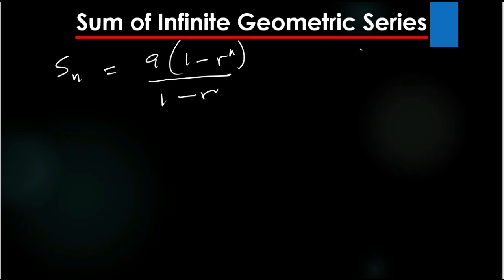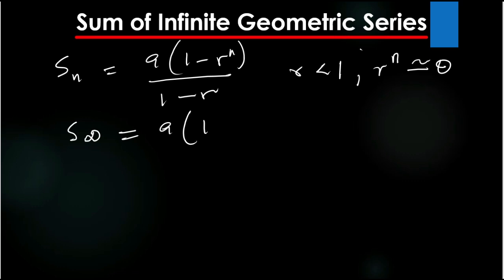We have shown that when r is less than 1, the value of r raised to power n begins to tend to approximately 0. So that my S of n at infinity, as the whole series tends to infinity, becomes a into 1 minus 0 all over 1 minus r.